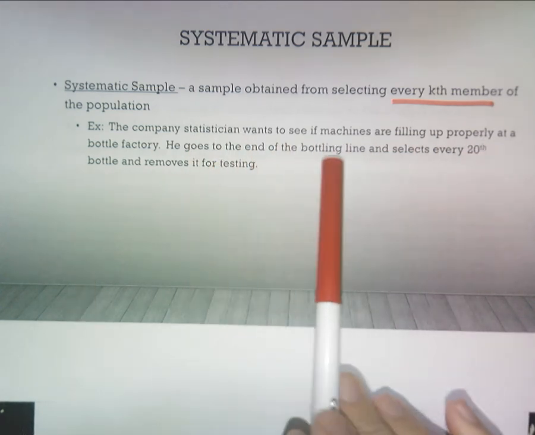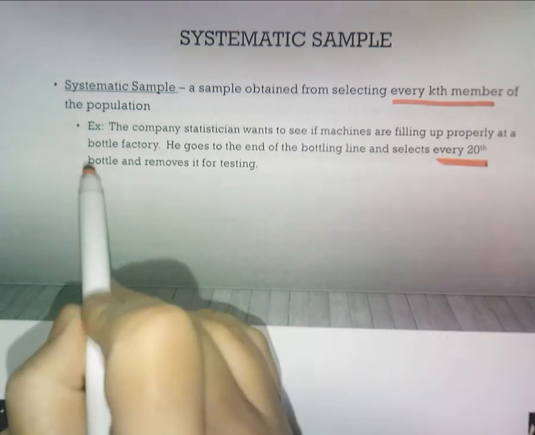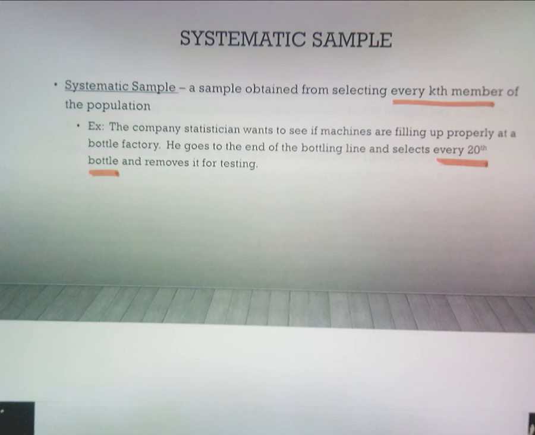So he goes to the end of the bottling line and selects every 20th bottle and removes it for testing. That is what we call a systematic way of selecting a sample. You're going to choose every 5th person. You're going to choose every 3rd car that goes through the traffic light. You're going to choose every 20th bottle. This is a systematic way of doing it, and they'll use that phrase.